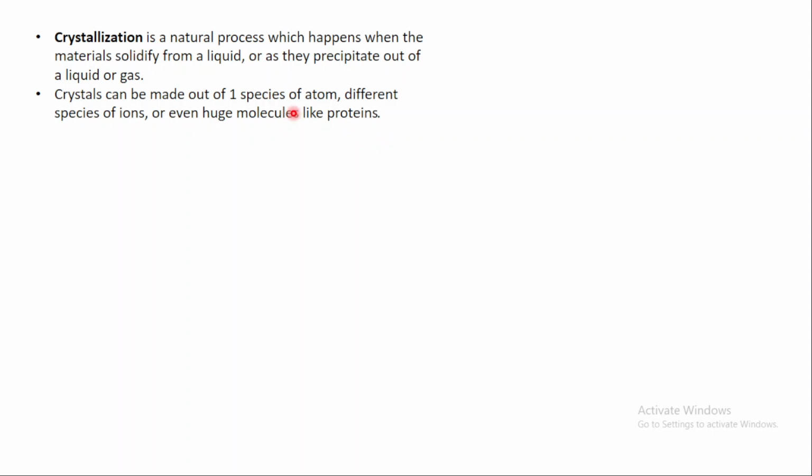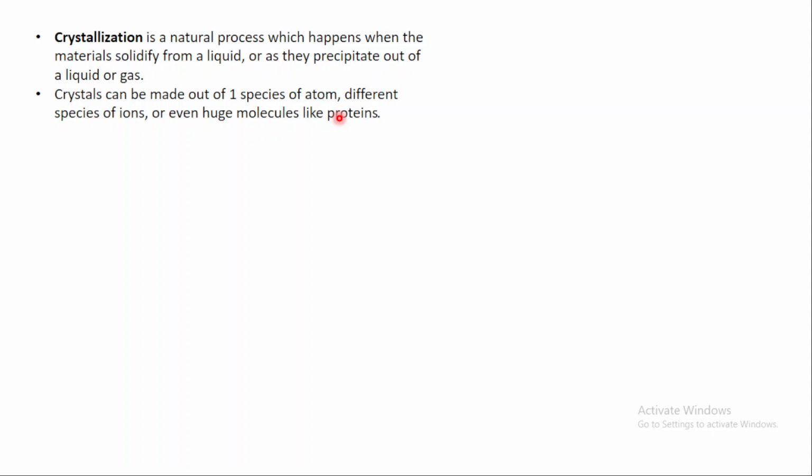So the crystallization property of proteins is exploited in a technique called X-ray crystallography, in which protein crystals are set, and the structure of the protein is determined by passing X-rays into the protein crystal and measuring the deflection of the X-rays to form a diffraction pattern, right?